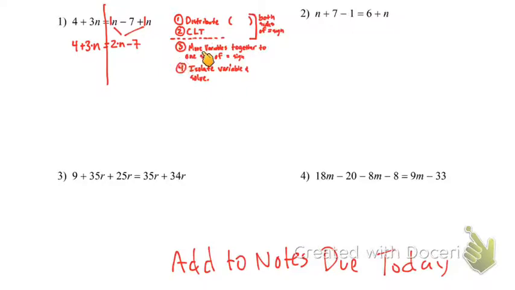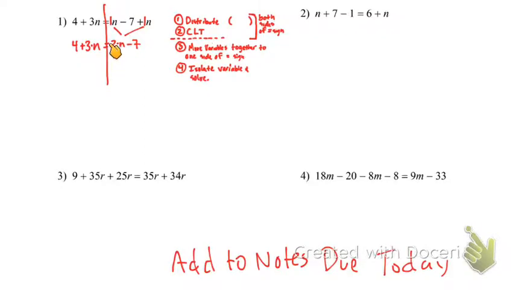It says move variables together on one side of the equal sign. Here's my rule: I like to move my variables to the left. So that means this 2n here, we're going to move over here. But we can't just do it like that. Anytime we move a variable across the equal sign, we have to do its opposite operation.